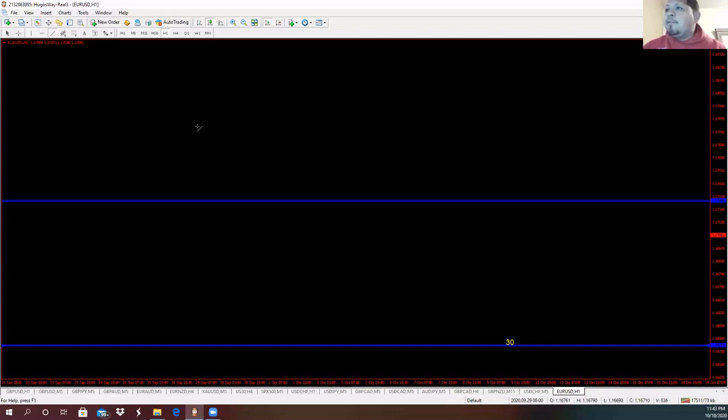Let's look for a bullish divergence setup. Up here is going to be price. Down here is going to be my RSI. I use just a simple RSI 14, a 14 period RSI.